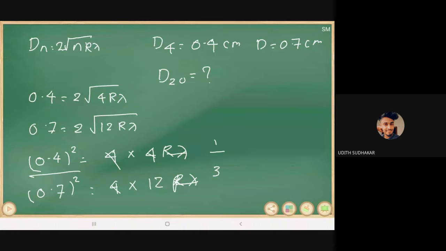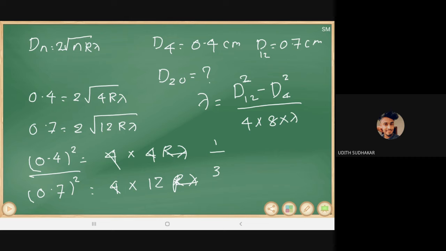Now what you can do is use the expression for lambda. Taking these two, lambda is equal to D12 squared minus D4 squared divided by 4 into 8 into lambda.